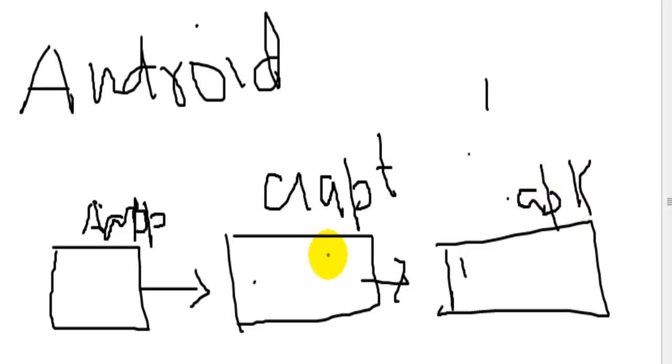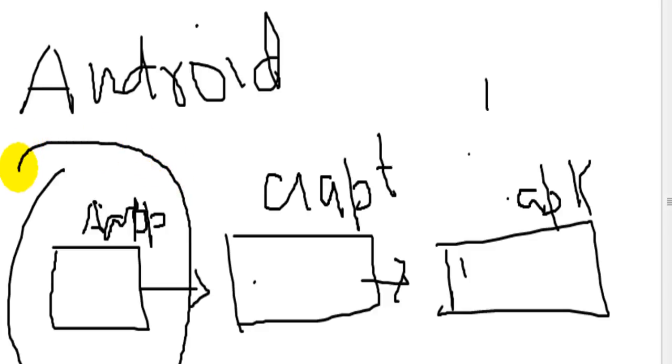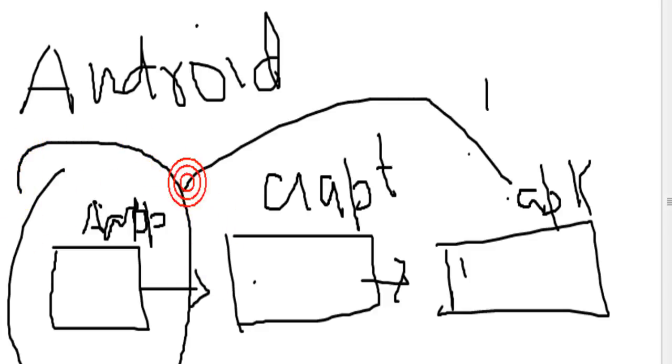We do not have the other guys here, like we have normal Java packages. Here we have Android packages, so we need to convert our normal Java packages into Android packages using the AAPT, the Android Asset Package Tool.